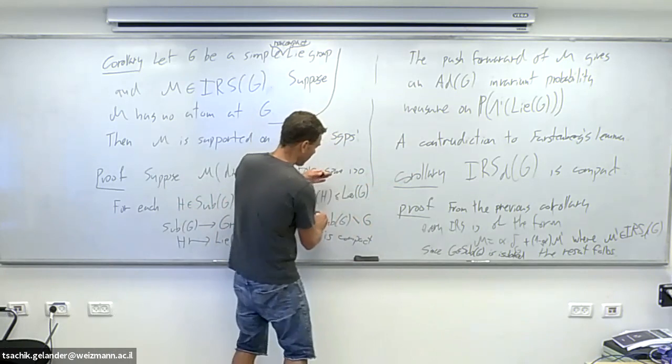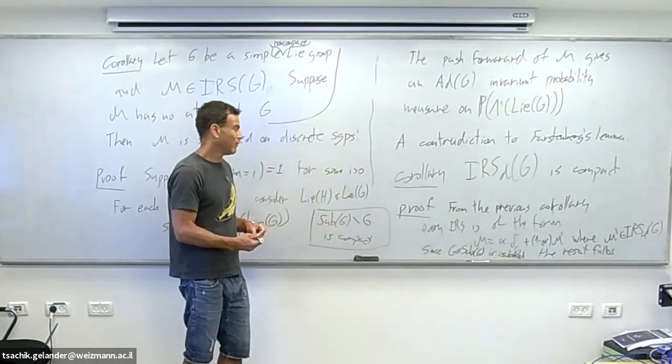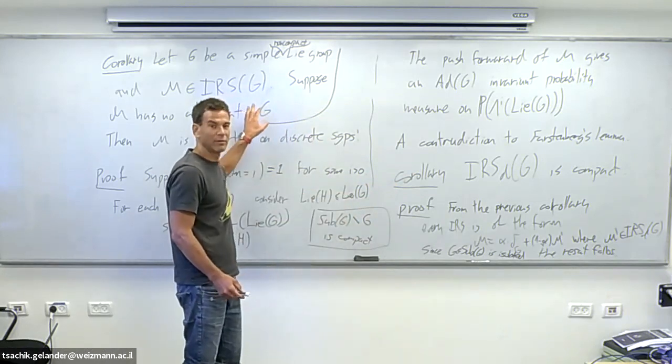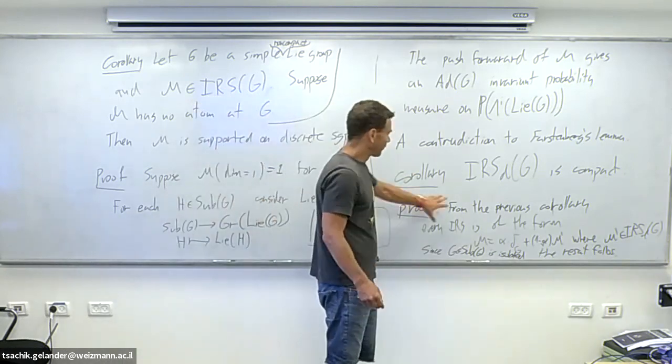And therefore, by Banach-Alaoglu, the space of measures on that compact space is compact. But on that compact space, every measure is discrete. Okay, so that's a better way to say that.